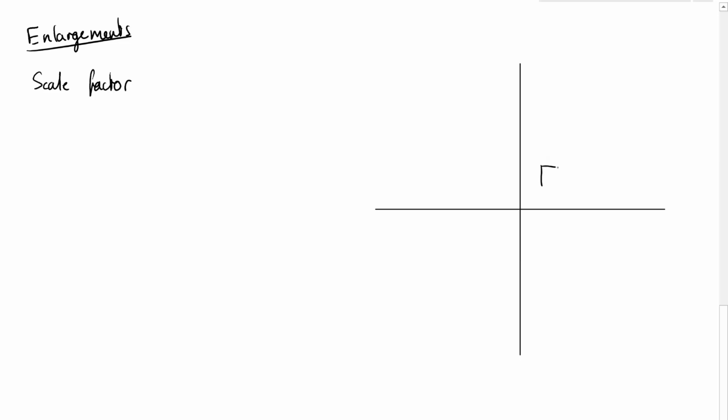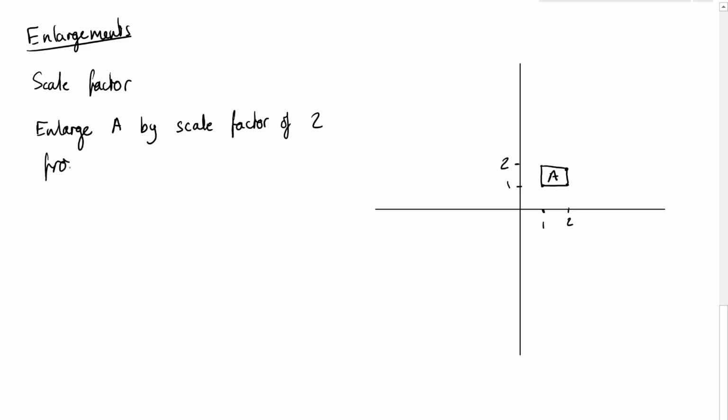And so let's say we take a square here that is 1, 1, this is going to be 2, 2. Okay, so this is 1, 1, this is 2, 2, this is 2, 1, and this is 1, 2. And let's say I wanted to enlarge, again, shape A. So I want to enlarge A by a scale factor of 2 from the origin.